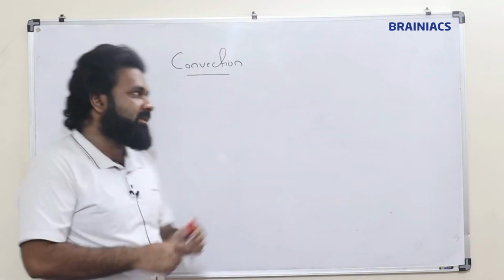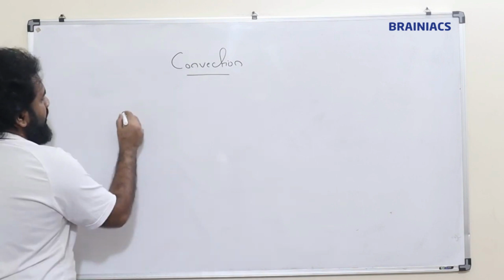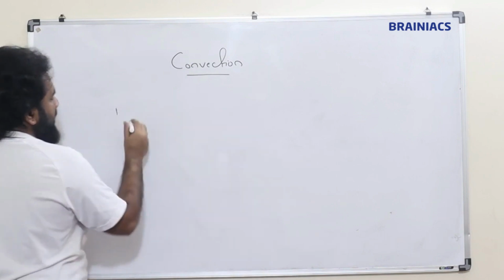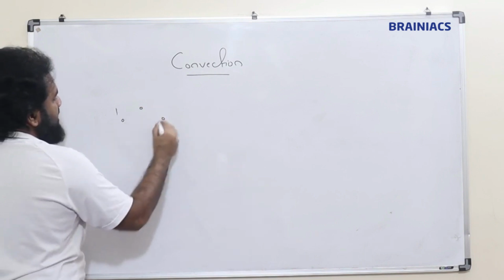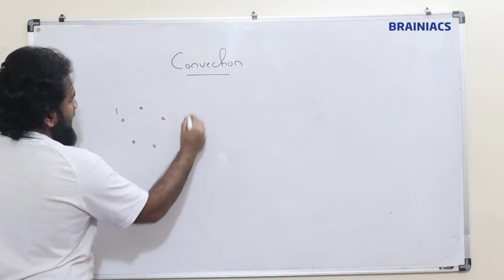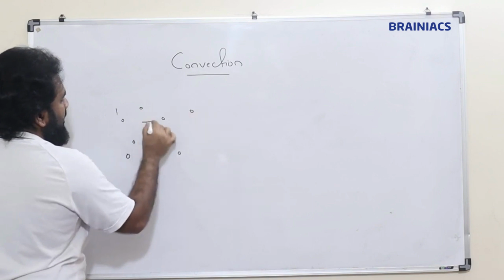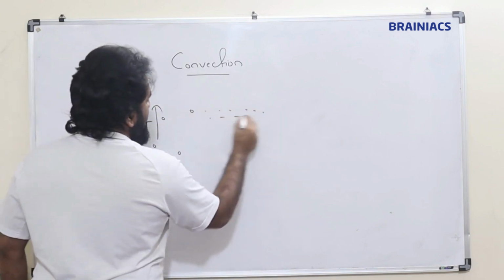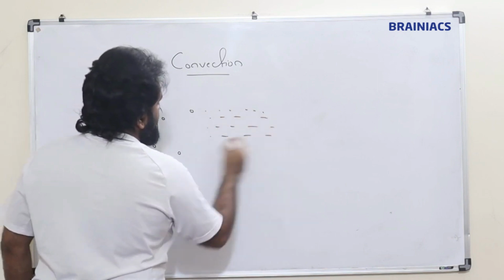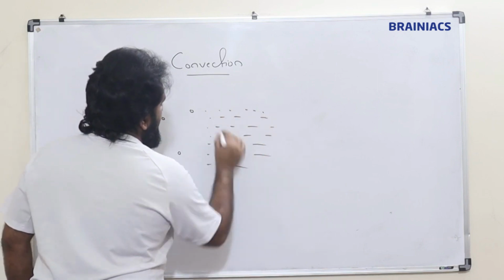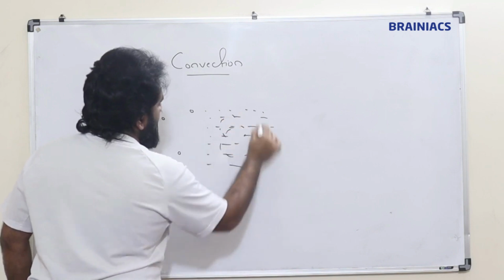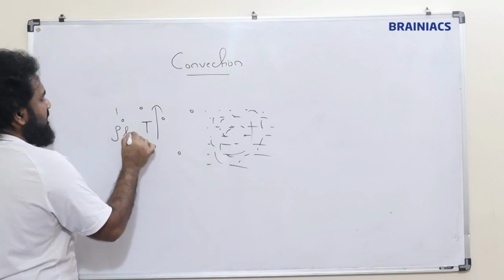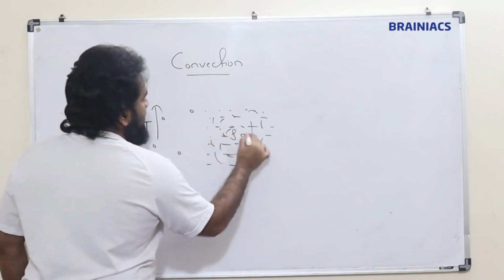Just for example, here we will consider this spot and this spot. Here if we increase the temperature, the density is less. Here the density is more.